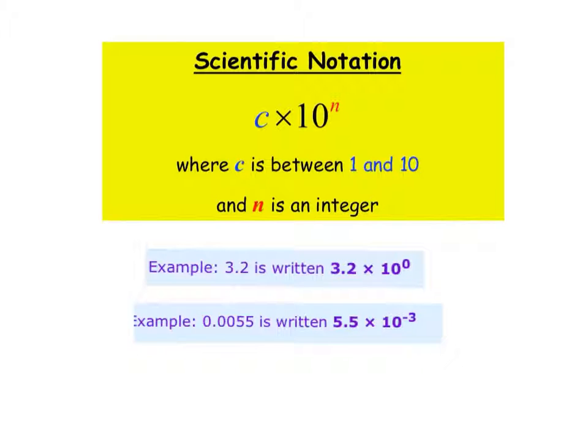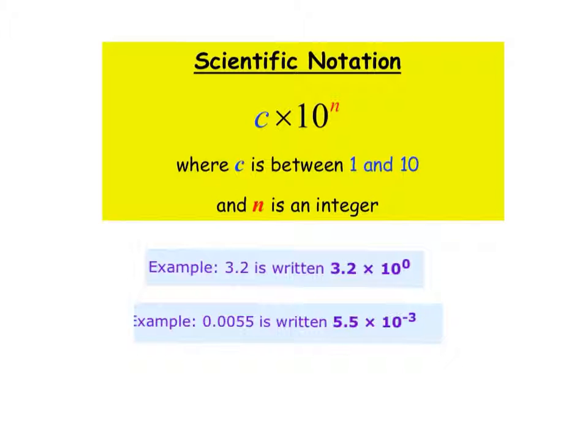Remember, 10 to the 0 is 1, so 3.2 times 1 is equal to 3.2. 55 10,000ths is written as 5.5, so you move the decimal over 1, 2, 3 places, and because it's a very small number, less than 1, that's 10 to the negative 3rd, so 5.5 times 10 to the negative 3rd is an example.